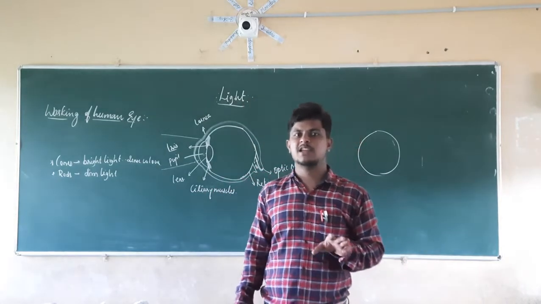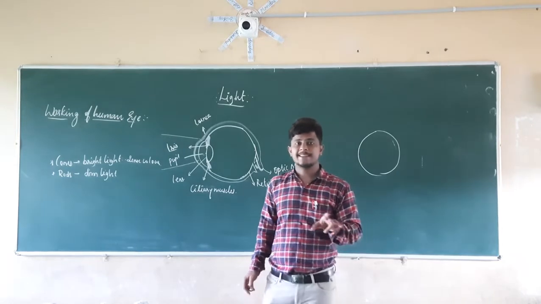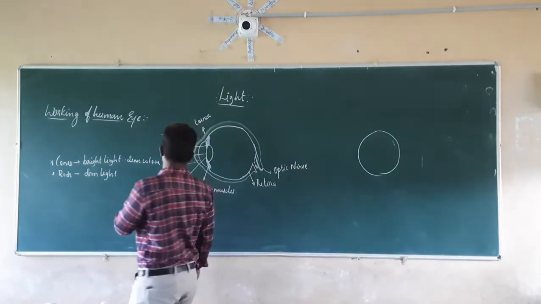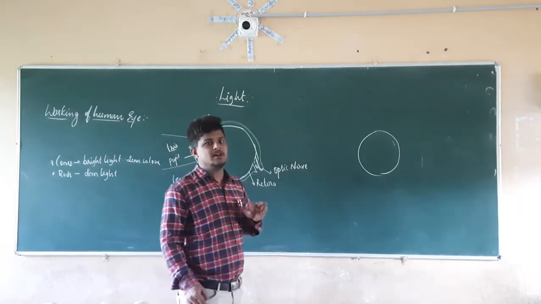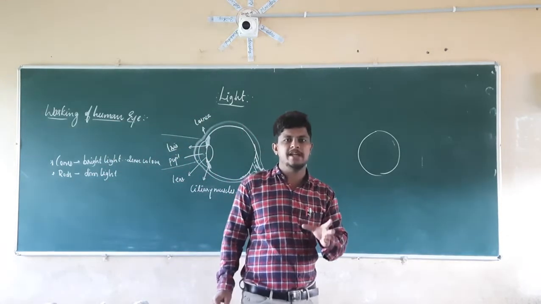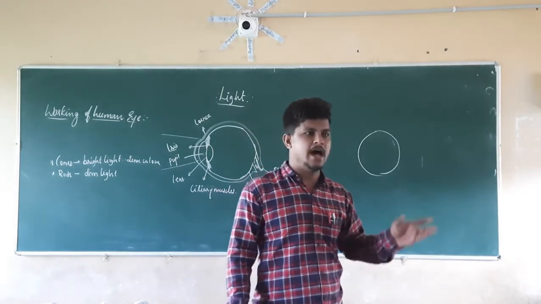So this is the first thing the iris demonstrates. And the second thing the iris does is control the amount of light ray which enters into our eyes.